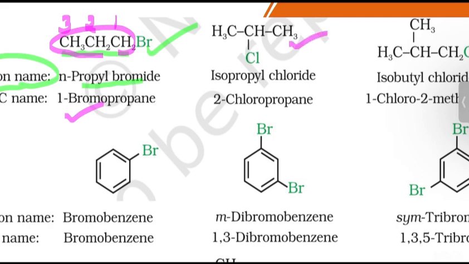Here also it is propyl, but the functional group is attached to second carbon. So when you have two methyl groups attached to same carbon, you make use of the prefix iso in common naming. For the main compound, you cannot use iso for IUPAC naming. That can be used for substituents, iso, neo, but not for the main compound.